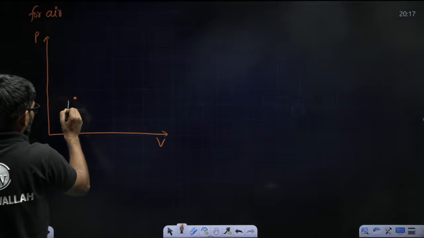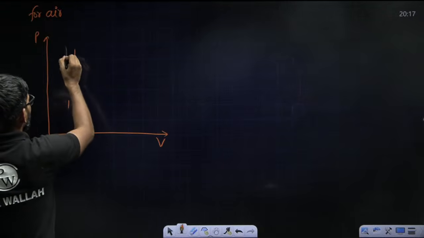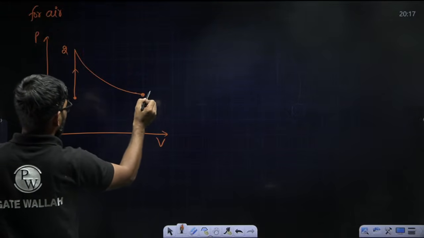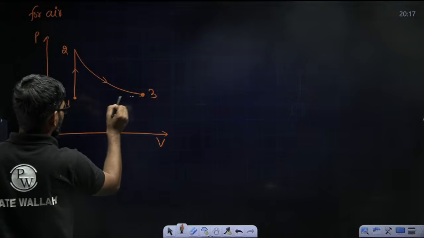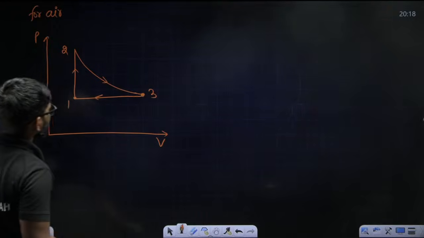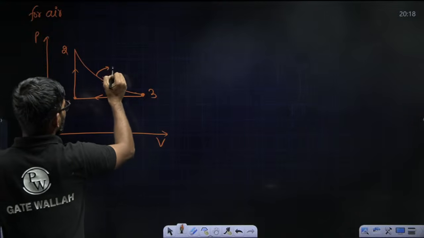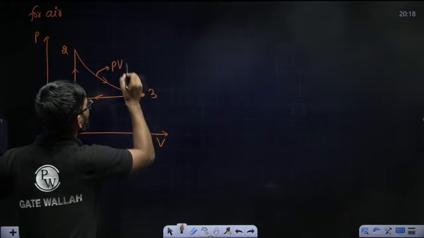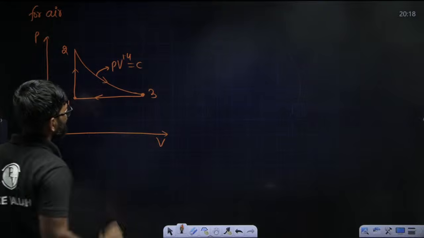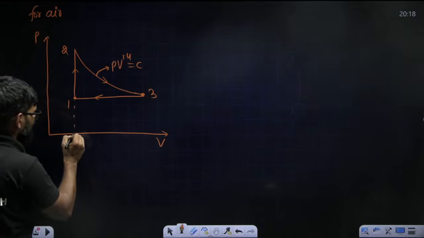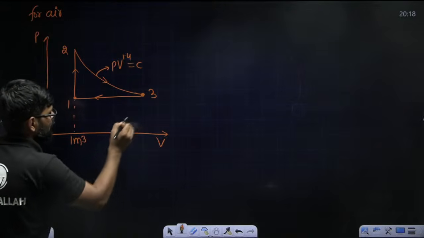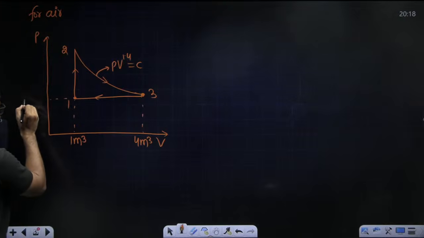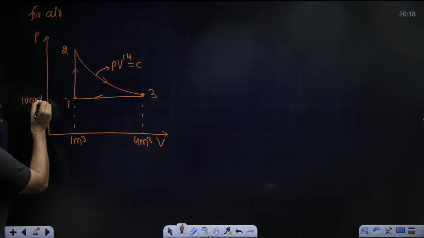Here we have 1 to 2, then 2 to 3, then 3 to 1, where PV to the power 1.4 is equal to constant. This is 1 meter cube, this is 4 meter cube, this is 100 kilopascal.